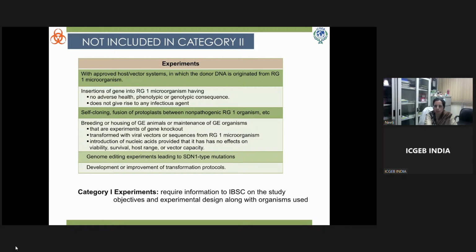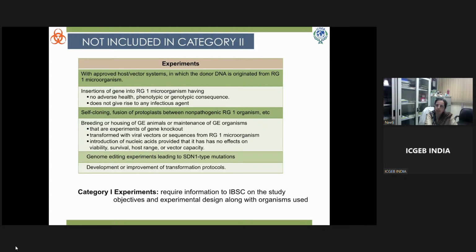So, just to understand risk group 1, wherever experiments are being done with approved host vector systems in which the donor DNA is originating from risk group 1 organisms, these are not to be included in RG2, but they get categorized as risk group 1. All these insertions or single genes which do not have any adverse effect on the health or do not give rise to any infectious agents are risk group 1.